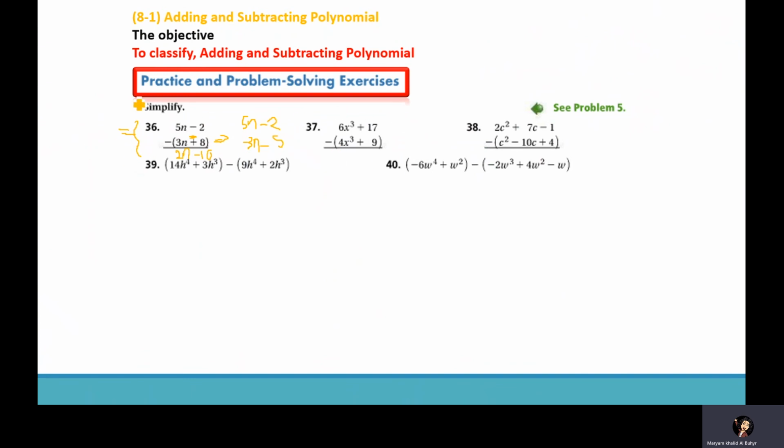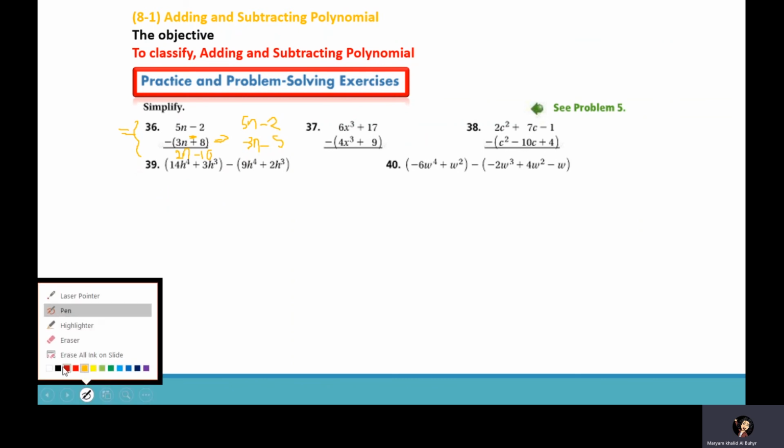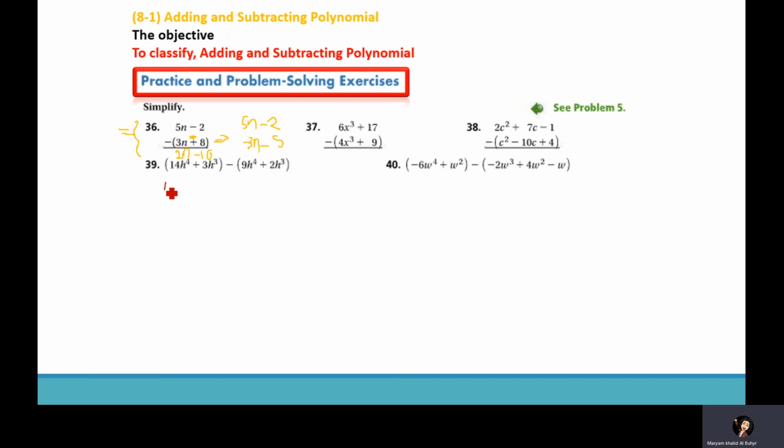So let me continue this one. So this will be, I will drop this 14h to the power 4 plus 3h to the power 3. I'm going to distribute this for all terms that I have inside. So minus 9h^4 plus minus 2h^3.